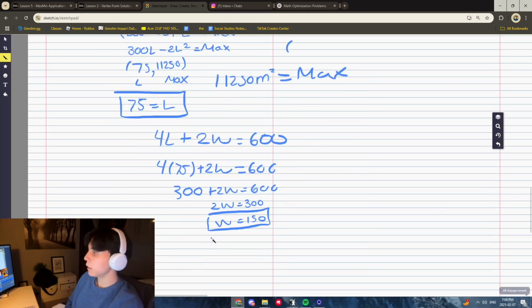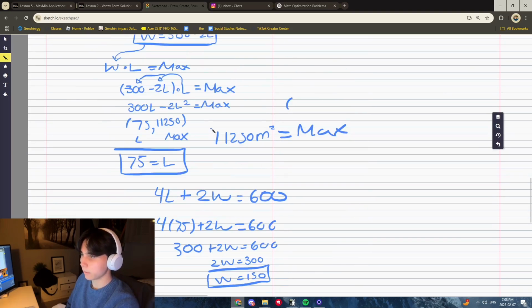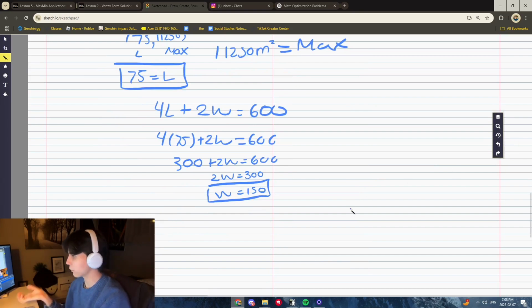So now you got your length as 75 and your width as 150, and you got your maximum area as 11,250. The way you actually test this is that you have to make sure it falls under the criteria, right?